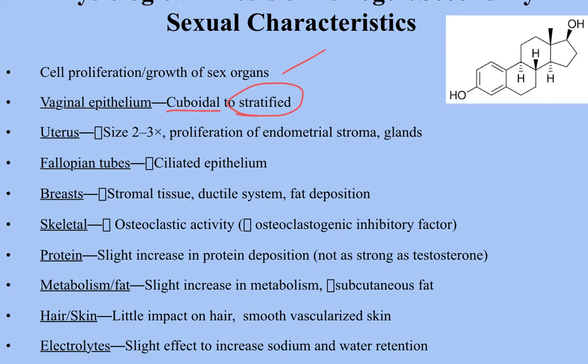The uterus will increase in size up to a point. You know, after you get pregnant, then of course it increases beyond that. But we're talking about the basal size. This is when the uterine tubes will become ciliated. So pre-puberty, the uterine tubes are not ciliated.